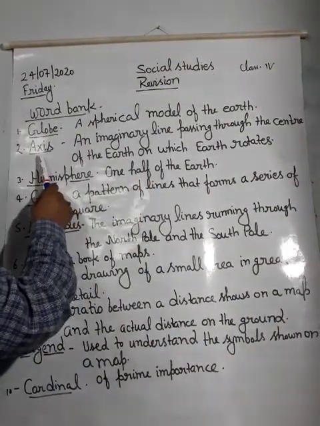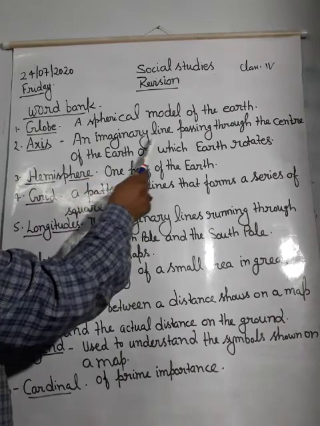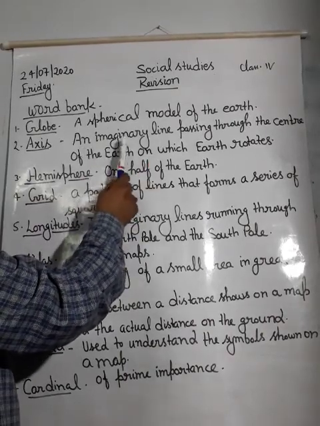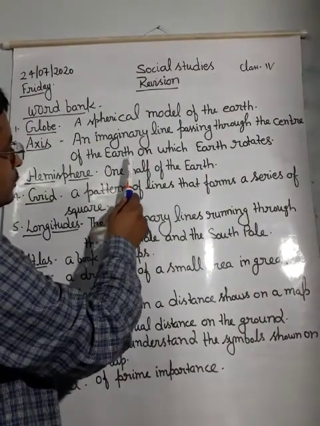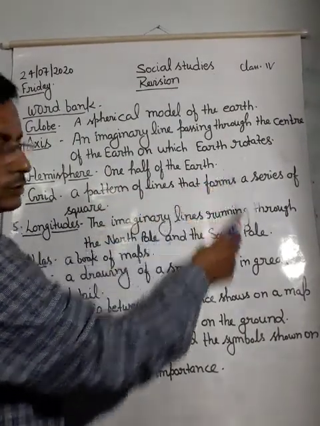Next one is axis, an imaginary line passing through the center of the earth on which the earth rotates.